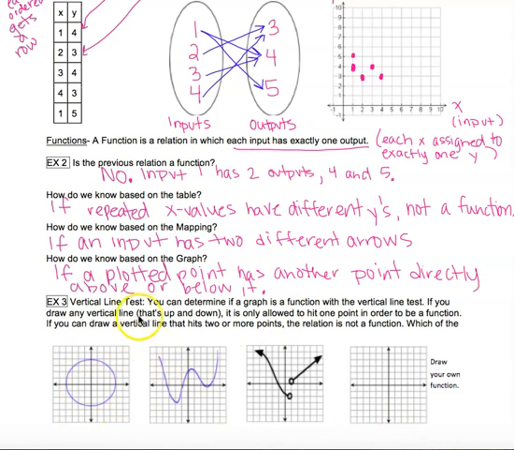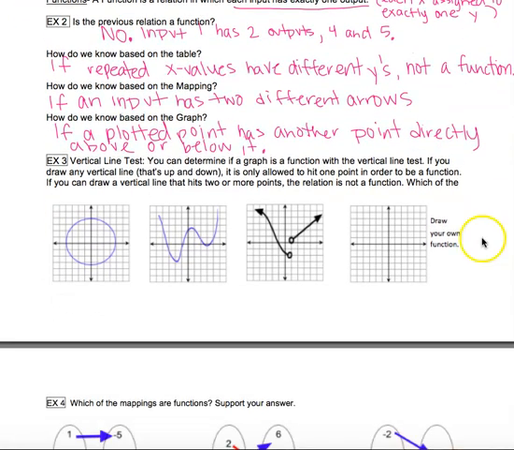And so that's when we use the vertical line test. You can determine if a graph is a function if you draw any vertical line. Vertical lines go up and down, remember. It's only allowed to hit one point and still be a function. If you can draw a vertical line that hits 2 points or 3 points or 4 points or anything more than 1, then that relation is not a function.